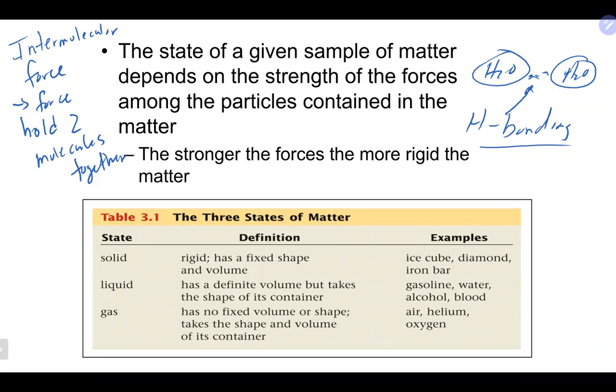So the stronger the intermolecular force, the more likely it will not be a gas in normal conditions. The weaker the force that holds the molecules together, the more obviously it will be a gas in certain cases. For example, if we took something like methane, which is CH4, basically the stuff that comes out of your gas vent there in lab, right?